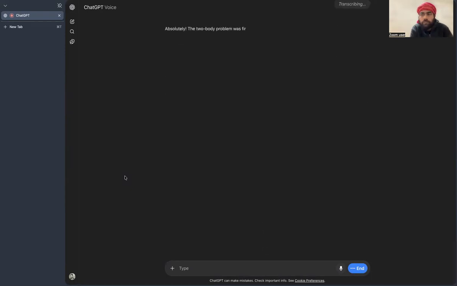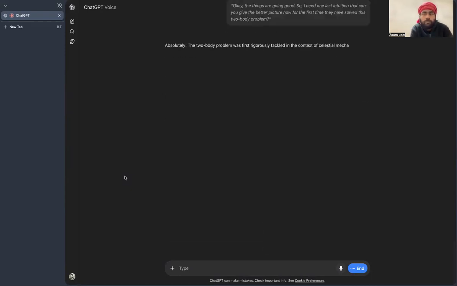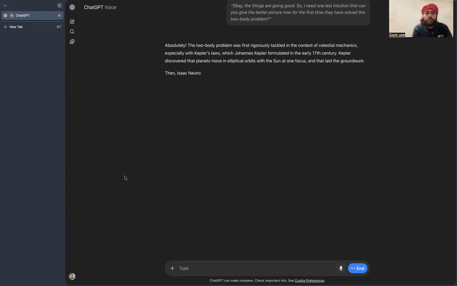Absolutely. The two body problem was first rigorously tackled in the context of celestial mechanics, especially with Kepler's laws, which Johannes Kepler formulated in the early 17th century. Kepler discovered that planets move in elliptical orbits with the sun at one focus, and that laid the groundwork. Then Isaac Newton came along in the late 17th century and unified Kepler's laws under the framework of his law of universal gravitation by applying Newton's second law of motion and his law of gravitation.